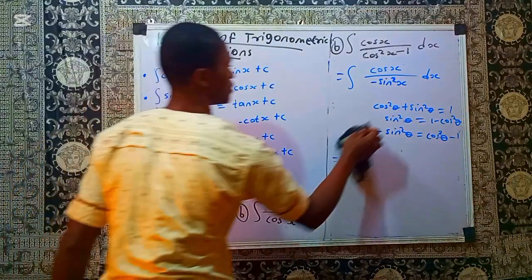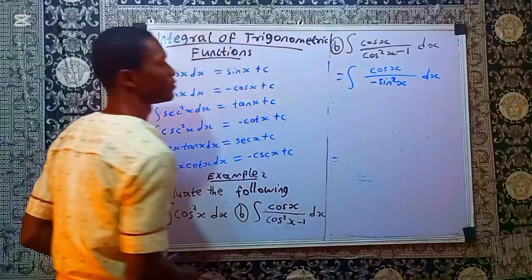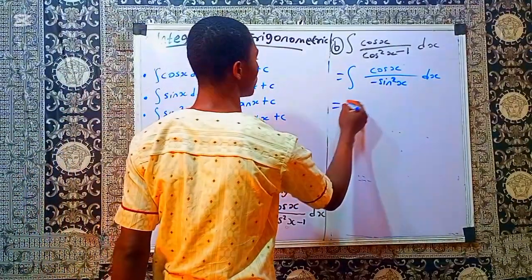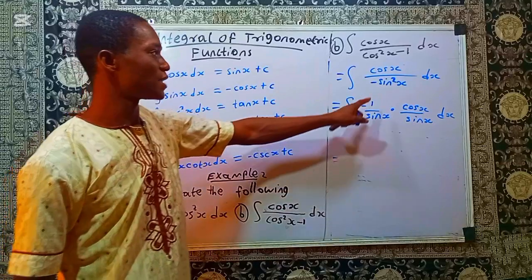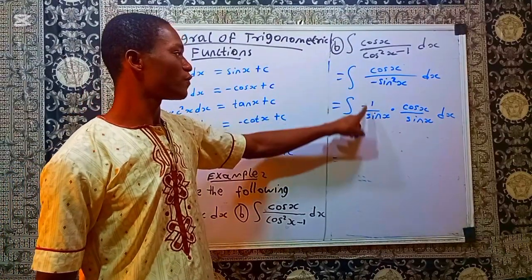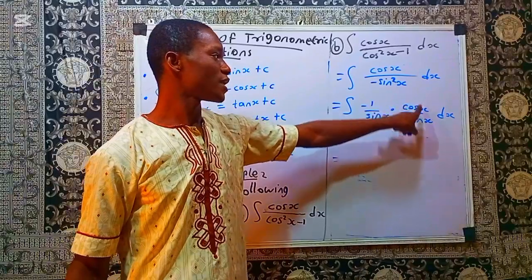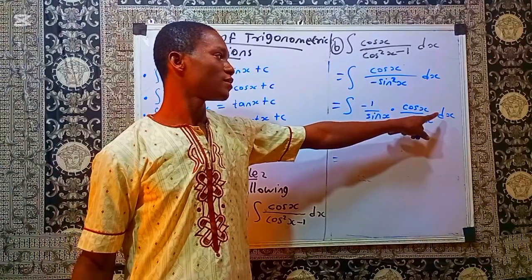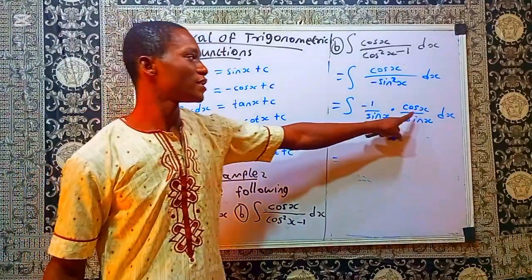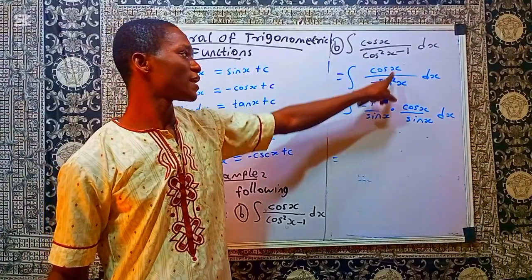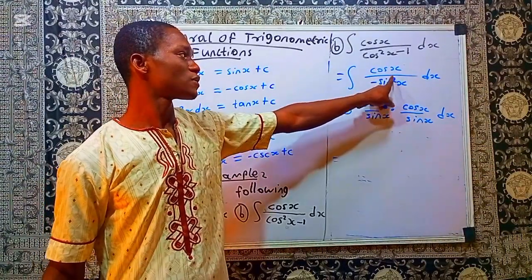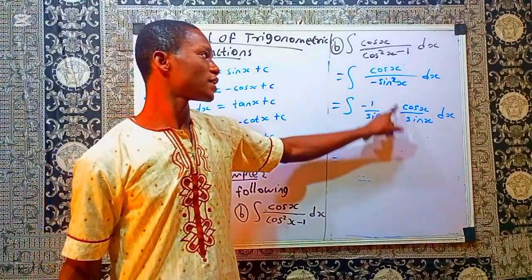So we have simplified it small. So I've written this as minus 1 over sine x multiply cos x divided by sine x. Because if you multiply this, you are going to get cos x over minus sine squared x. This is the same thing as this.